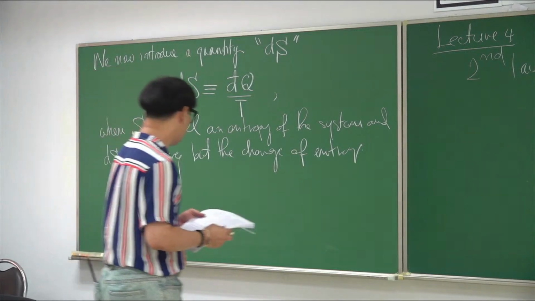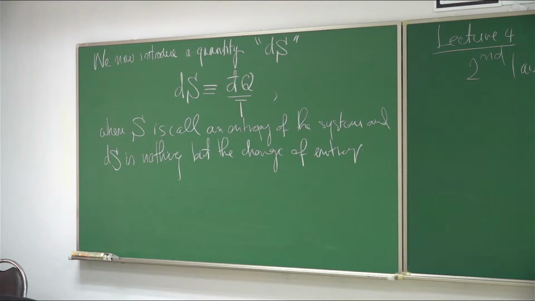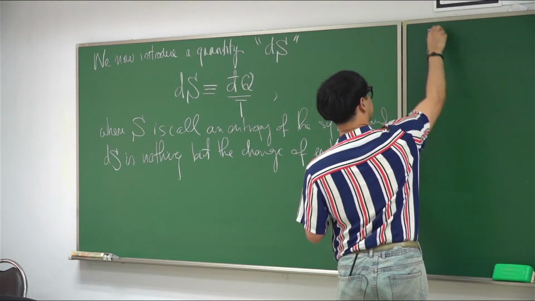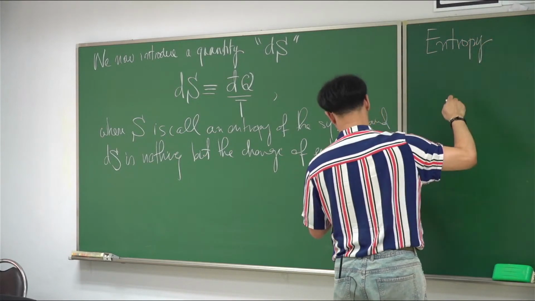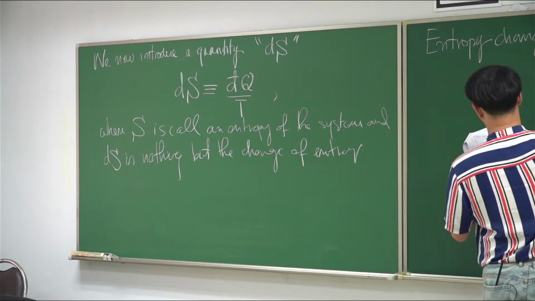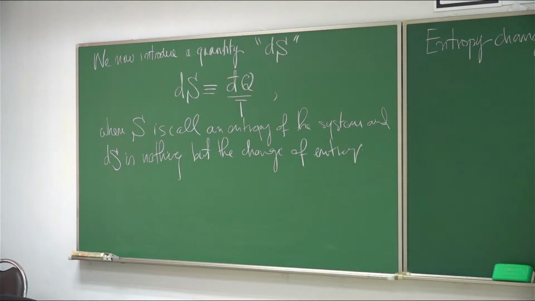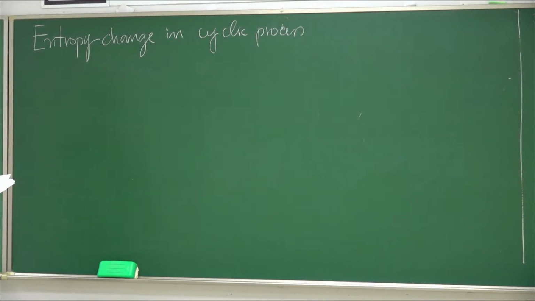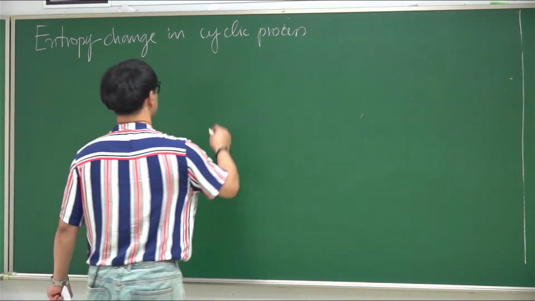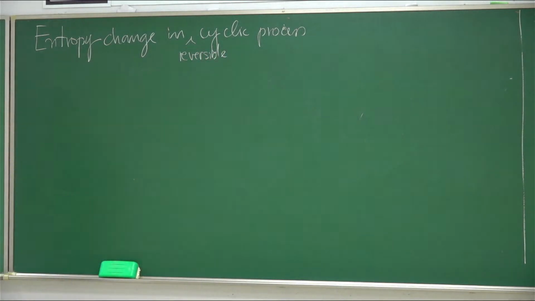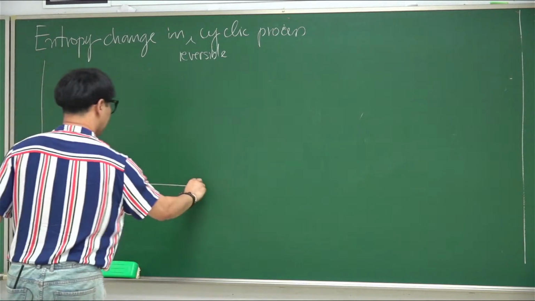Now, what we are going to look at next is a cyclic process, I would say a reversible cyclic process, like we have in the Carnot cycle.